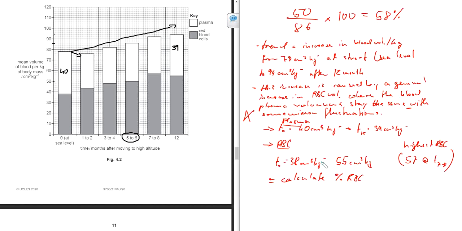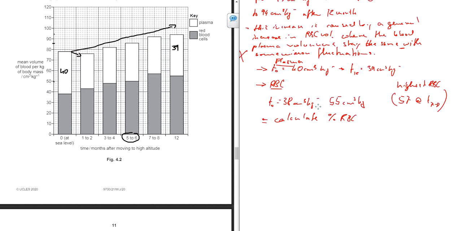Okay, what is our explanation for this change? It's a bit more interesting.